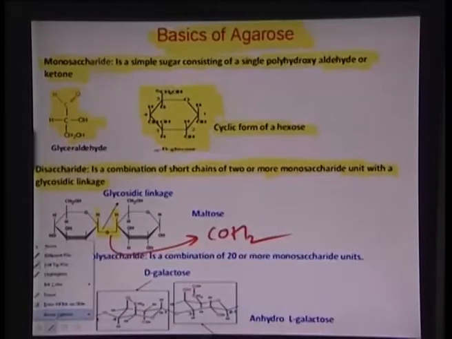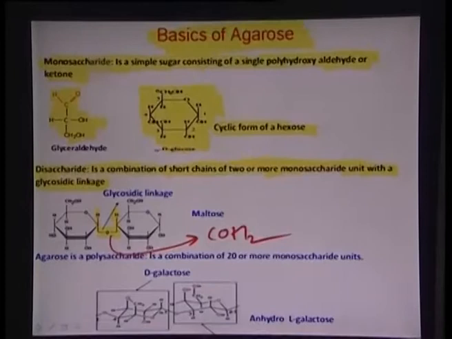So a disaccharide is an assembly of two monosaccharide units with a glycosidic linkage in between, as illustrated here. This, by the by, is maltose, which is a disaccharide.